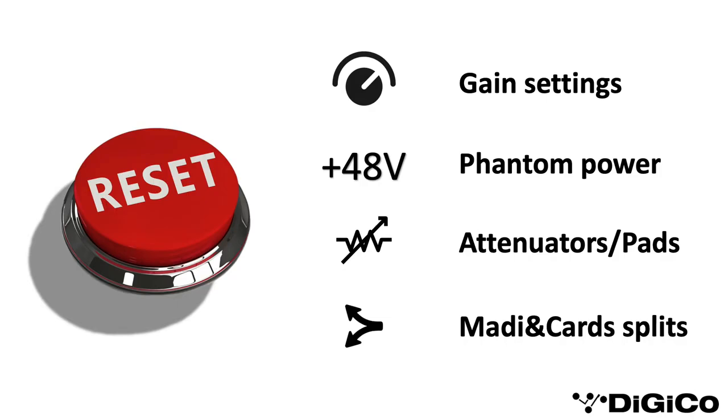Yes, indeed. The things we are going to be getting rid of when we reset the racks are the gain settings, the phantom power, the output attenuators or pads, and any settings on the MADI cards, the MADI splits or card splits. That's something we are going to look at in more detail in our next video, I believe, Tom.